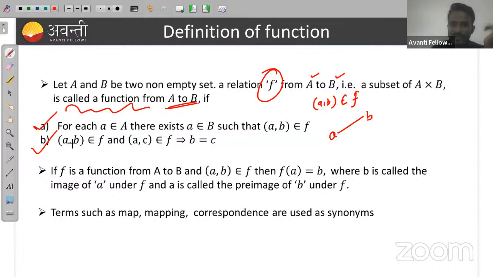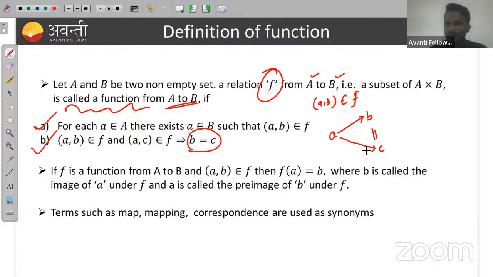And at the same time, if for input a we also get c, then it won't be a function. What we conclude is that in that case, b must be equal to c. That means if a is related to b and a is related to c, then b must be c in order to be a function. That means for every input there must be an output in B, and it should be unique.